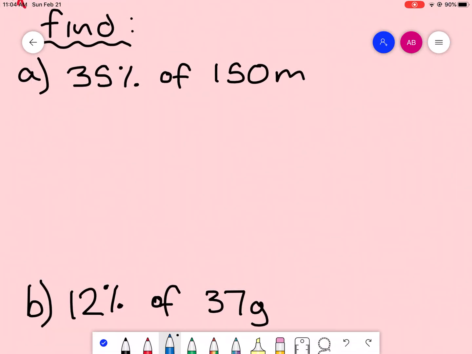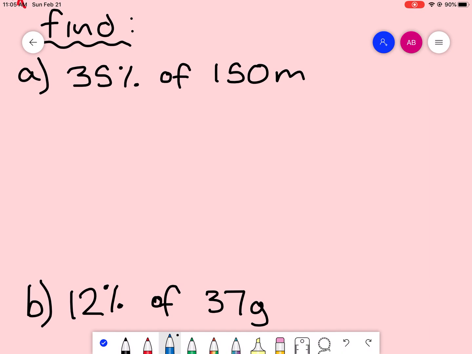Right, the reason that we did that is because we can use our calculator and the method just talked about to do percentages of quantities. So 35% of 150, 12% of 37, 2% of 295, all of that kind of fun stuff. What we want to do is a calculation, and the good thing is we can just put one calculation in the calculator to get this final answer.